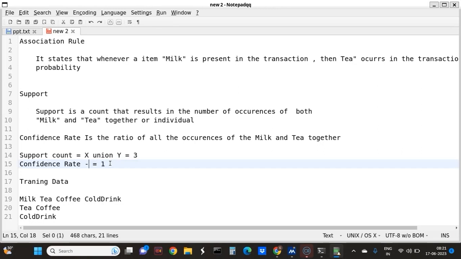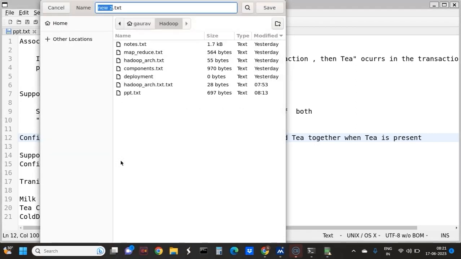Confidence rate is Y when X. Confidence is the probability that tea is there when milk is there. Tea is there when milk is there only once. So that is the confidence rate. So now this is the concept.